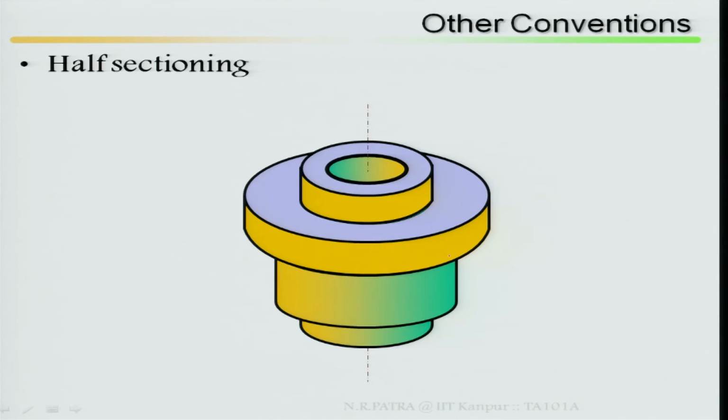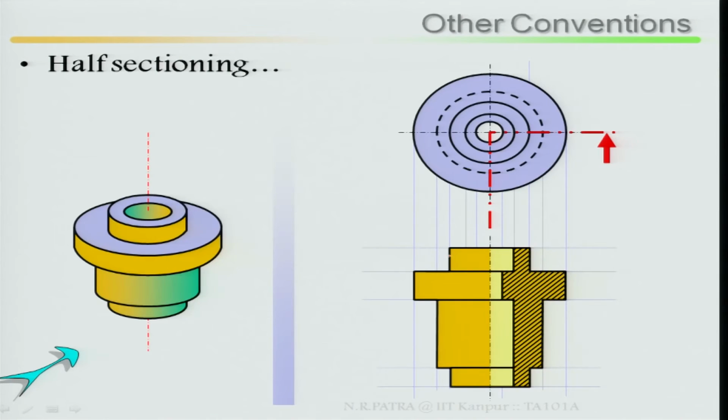Now, look at your half sectioning, this is your object, how your half sectioning looks. The moment I say it is full sectioning, that means from here to here the cutting plane should be throughout, and I will take out half and look at it.